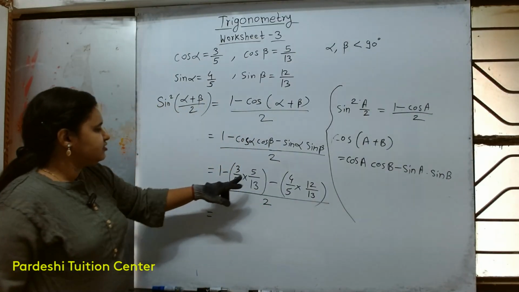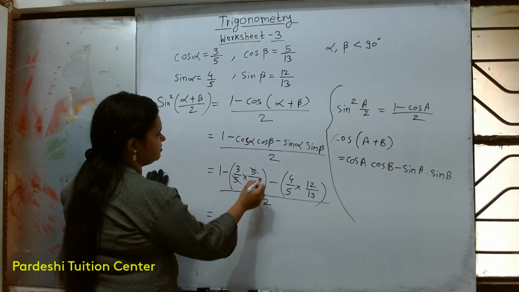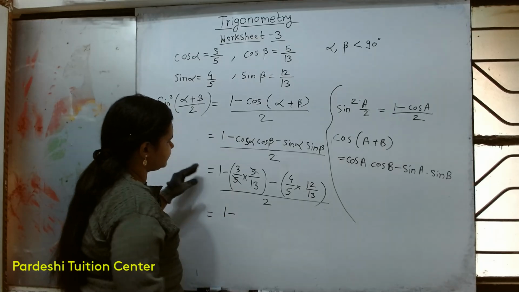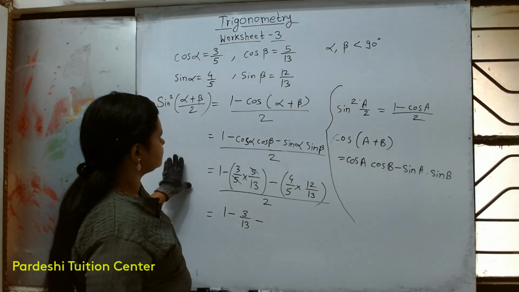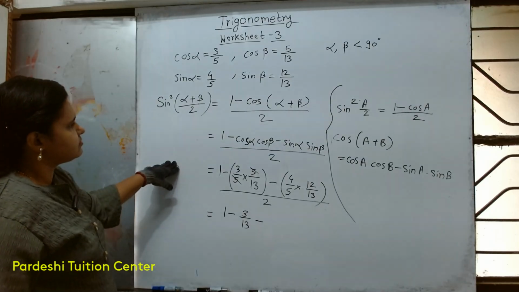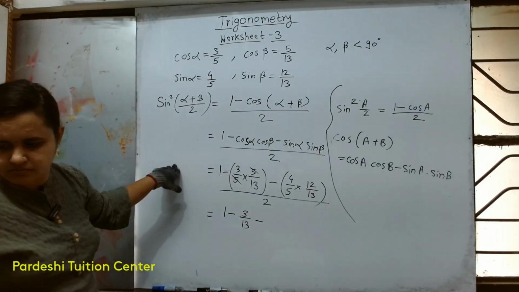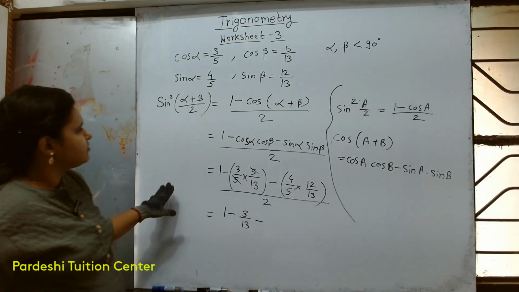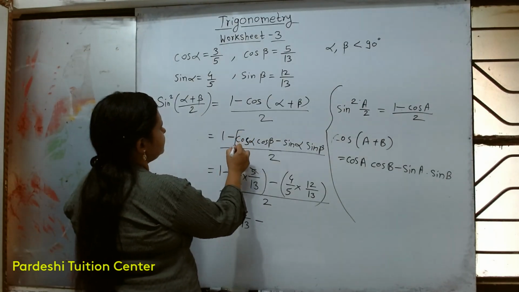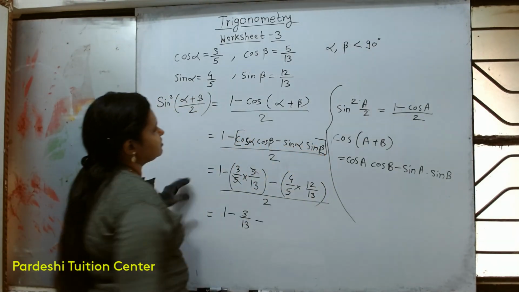So 5 again will get cancelled and it will be 1 minus 3 by 13. Here it is a bracket. Okay, this is one term only.